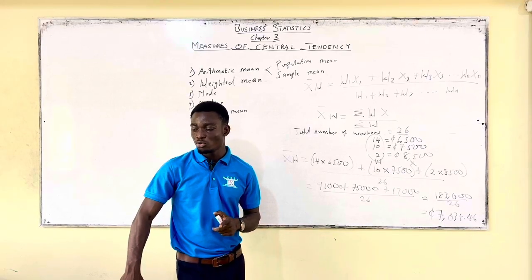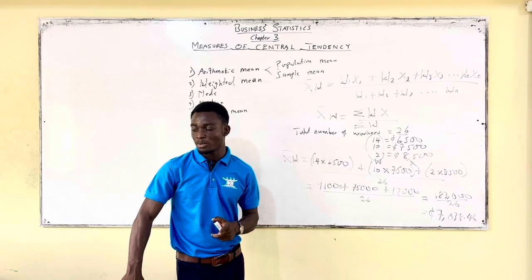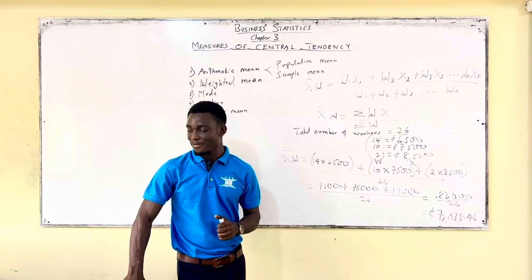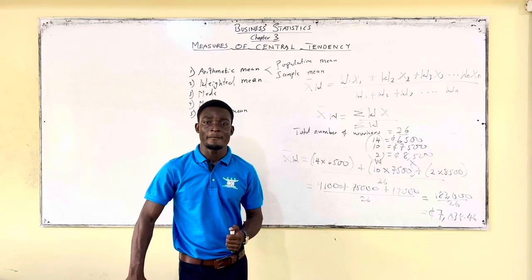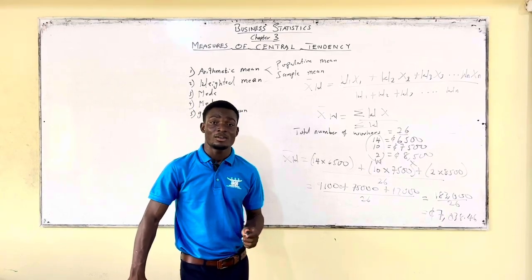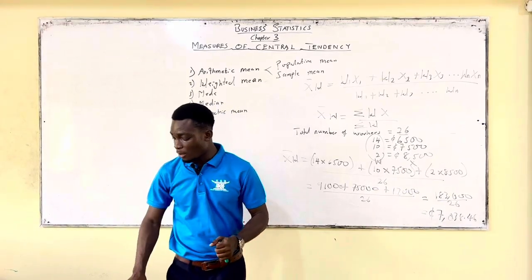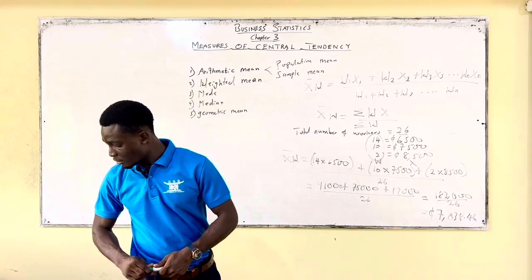B, do you believe the mean hourly wage to be atypical? So this is a very critical question. I leave it to you. You do it and comment your answer in the comments.